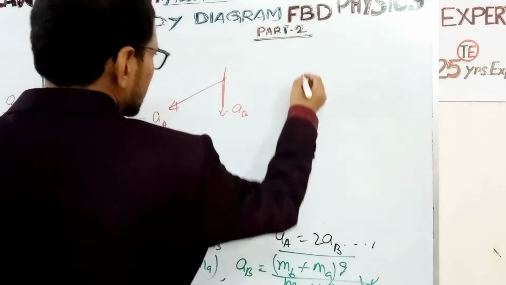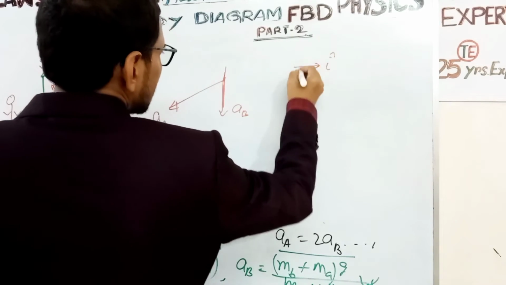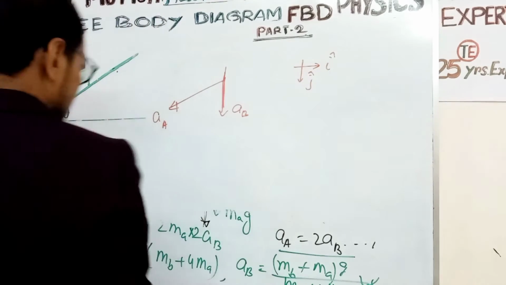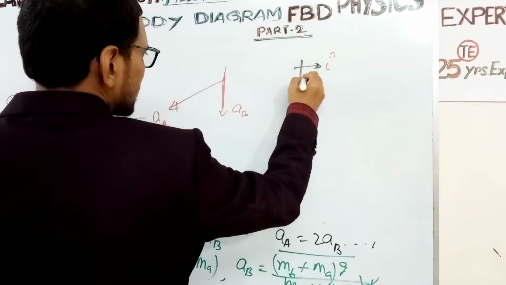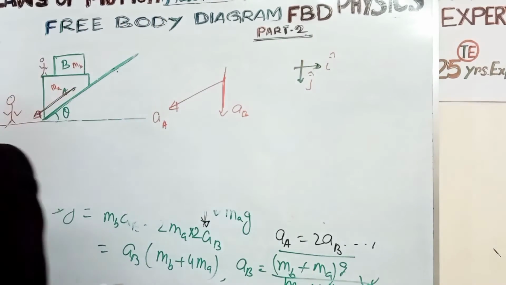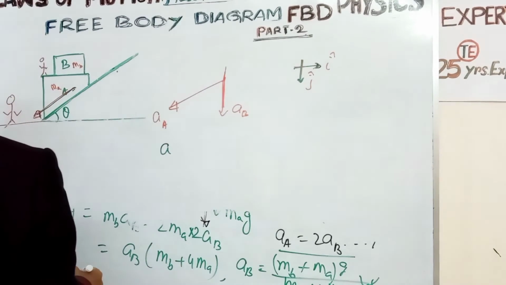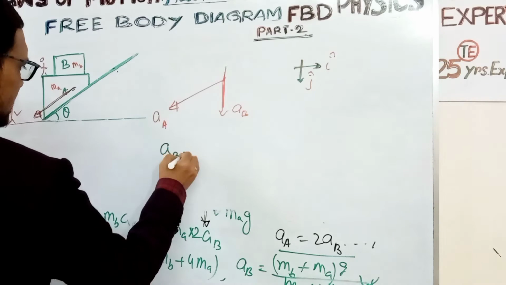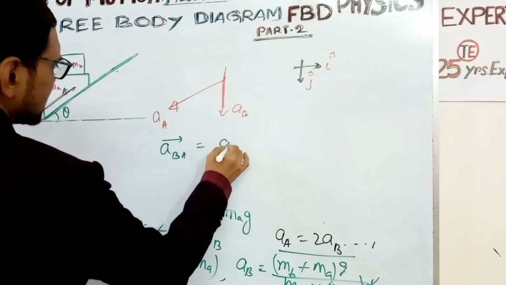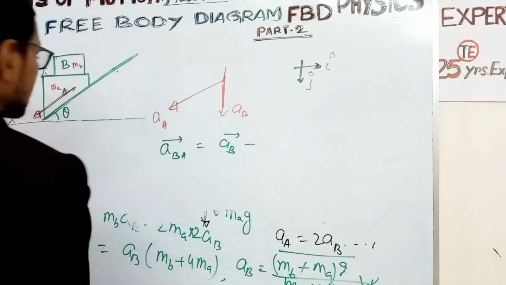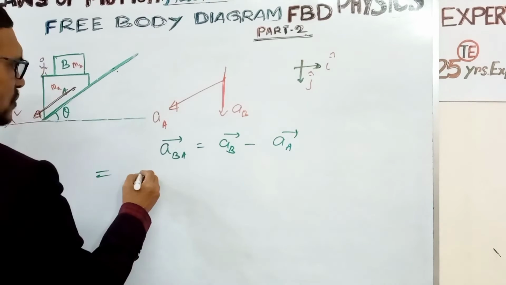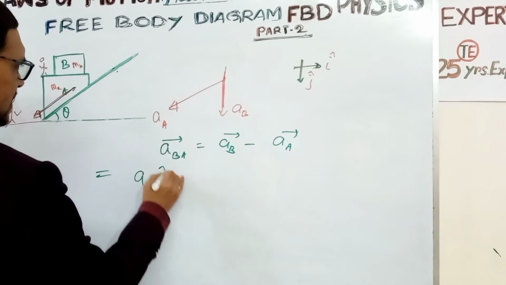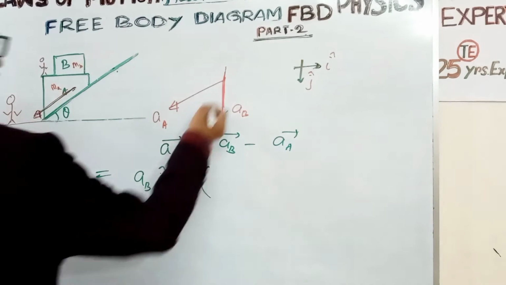Now if we take the unit vector along x-axis as i and the unit vector along this direction as j, then the relative acceleration of b with respect to a, aba, equals the vector ab minus the vector a. So ab into j minus what is a acting in this direction.